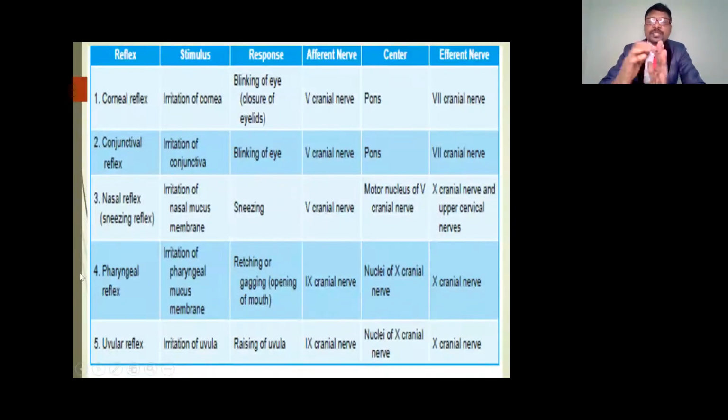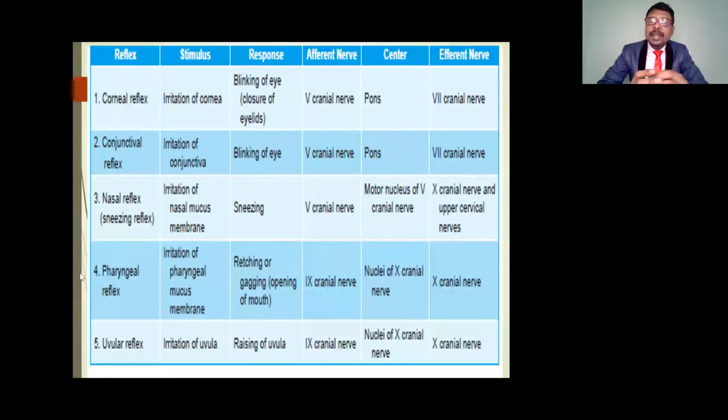When these reflexes are lost, if anybody has any damage of the brain, in case of head injury or any cranial nerve injuries, especially the fifth cranial nerve, which is the trigeminal nerve, the 10th cranial nerve, which is the vagus nerve, and also the spinal accessory nerve and the glossopharyngeal nerve.